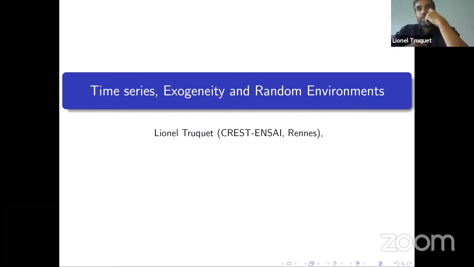So I am not a specialist at all of ecology, but I am interested in a general problem in time series analysis. Some of the issues that I will discuss here will be quite well connected with the previous talk of Eric Renault.